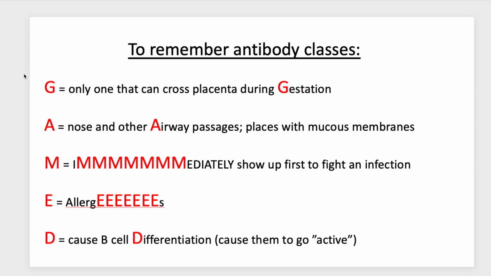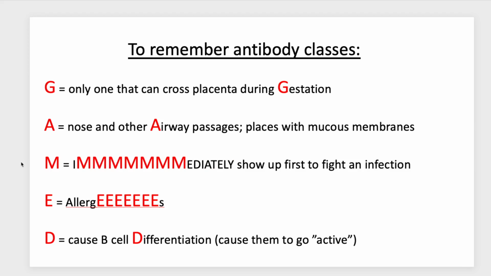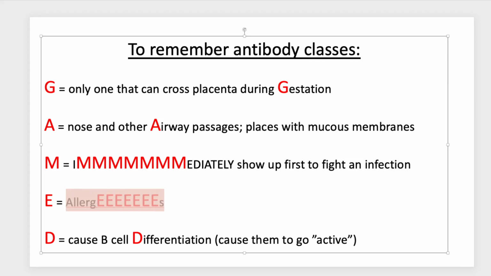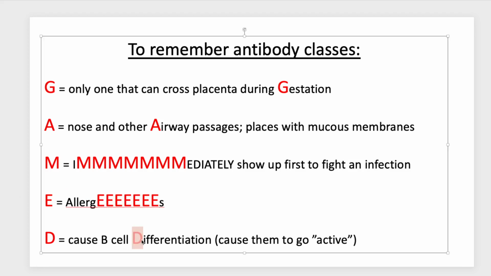M is going to show up immediately to fight an infection. So M for immediately. E is what we see during allergic responses. So E for allergy, and then D, cause B cell differentiation, D for differentiation.